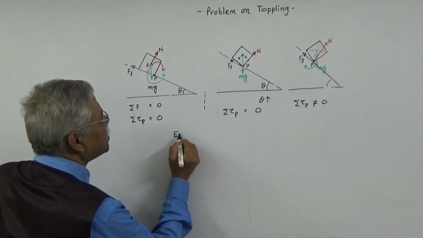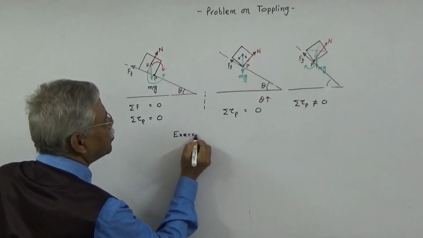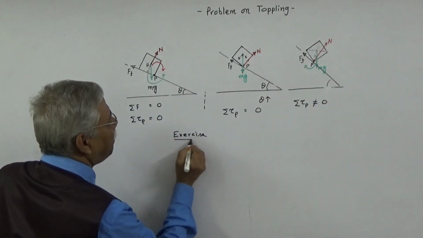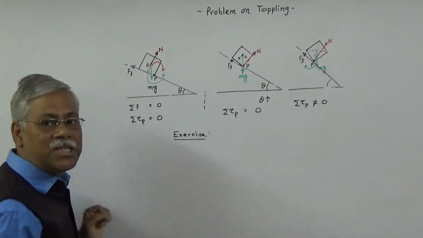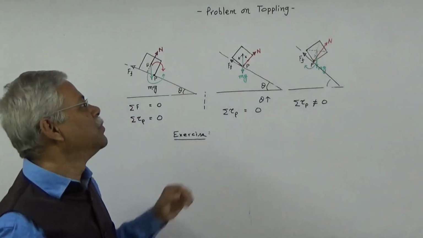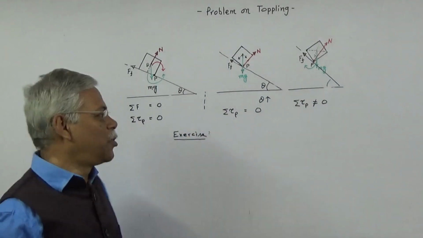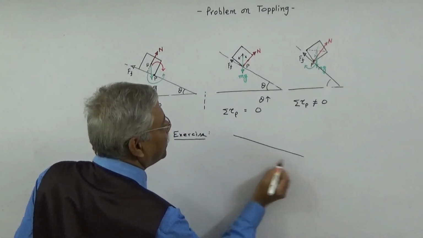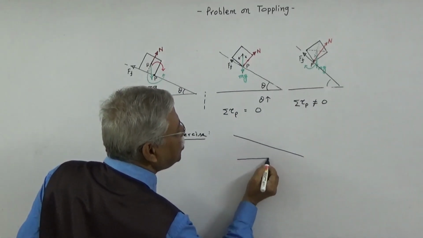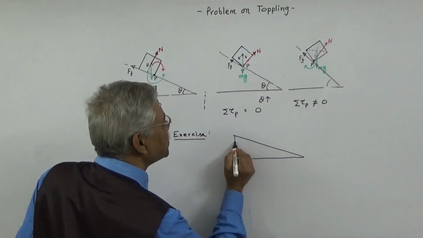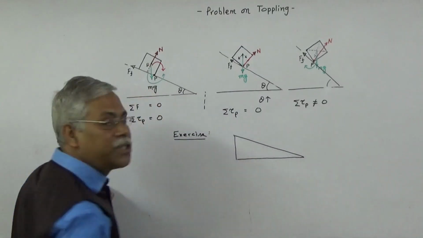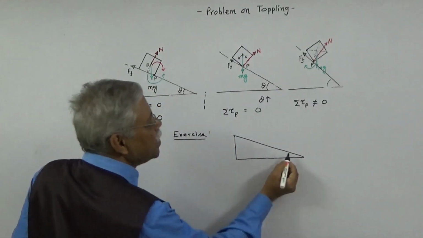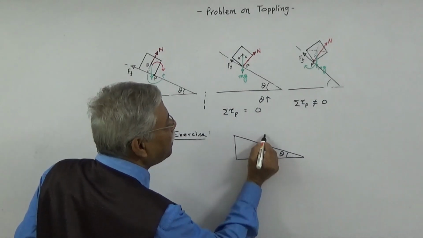You will solve this problem to test your understanding of the concept of toppling. This is an incline, sufficiently rough. The angle of inclination is theta.